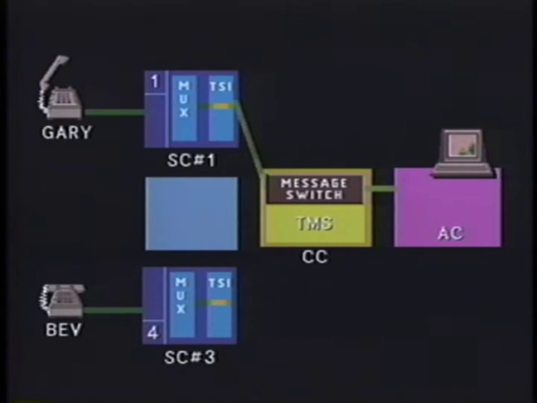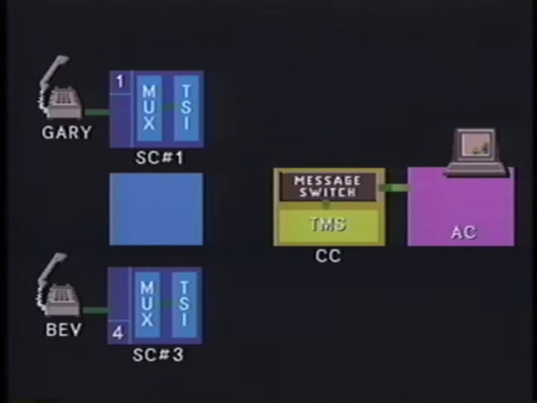Then, the administrative component instructs Gary's TSI to move his blocks from position 1 to position 3 on the channel leading to the TMS. At the TMS, the administrative component instructs that block 3 be switched to the channel going to Bev's TSI. Remember, Gary's signal is in block 3 of that channel.